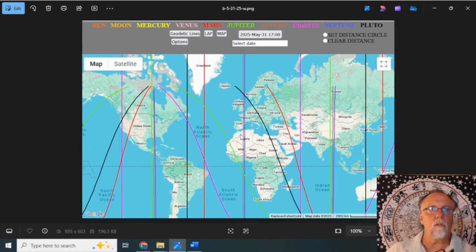Okay, so throughout the month of May, Mars is going to be going over Israel. It's going to be going over North Korea, the east coast of China, Japan. It's also going to be traveling through Brazil. So if you are in any of those areas, you want to pay attention to the higher aspect of Mars.